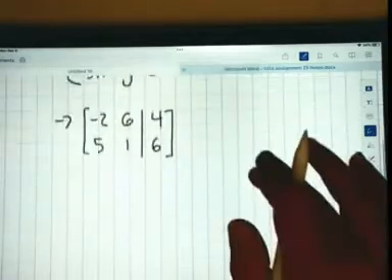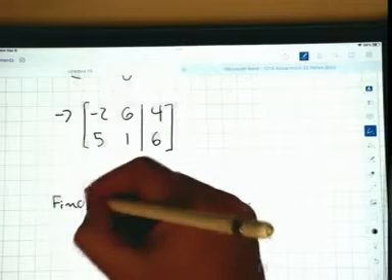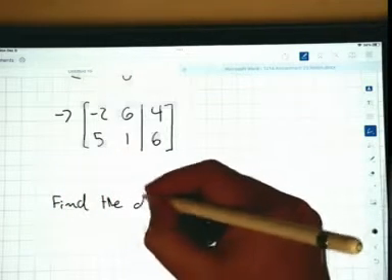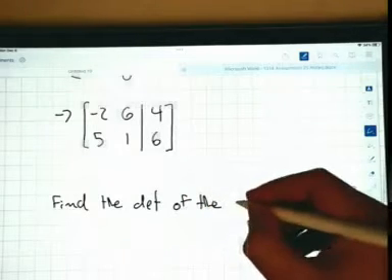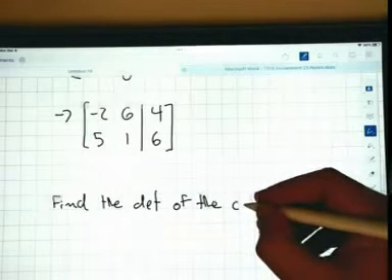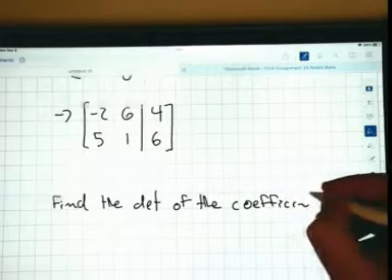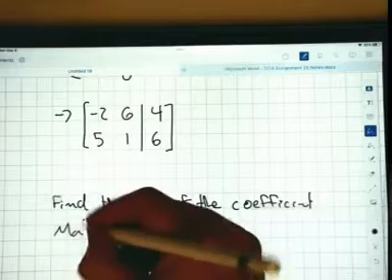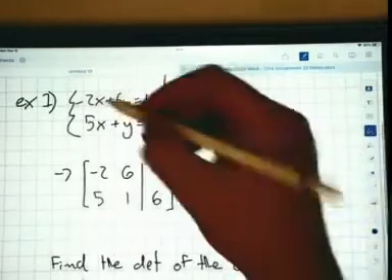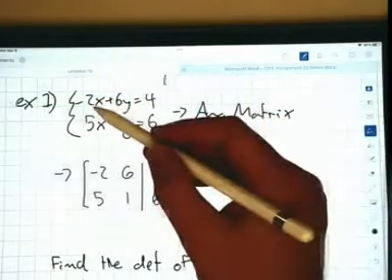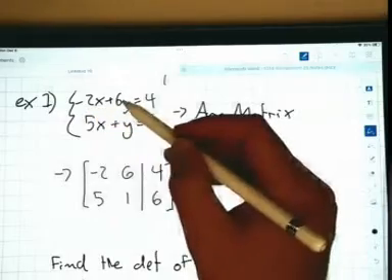Okay, so the next thing that we want to do is find the determinant of the coefficient matrix. Going back up to your system, the coefficients are the numbers in front of your x and y.